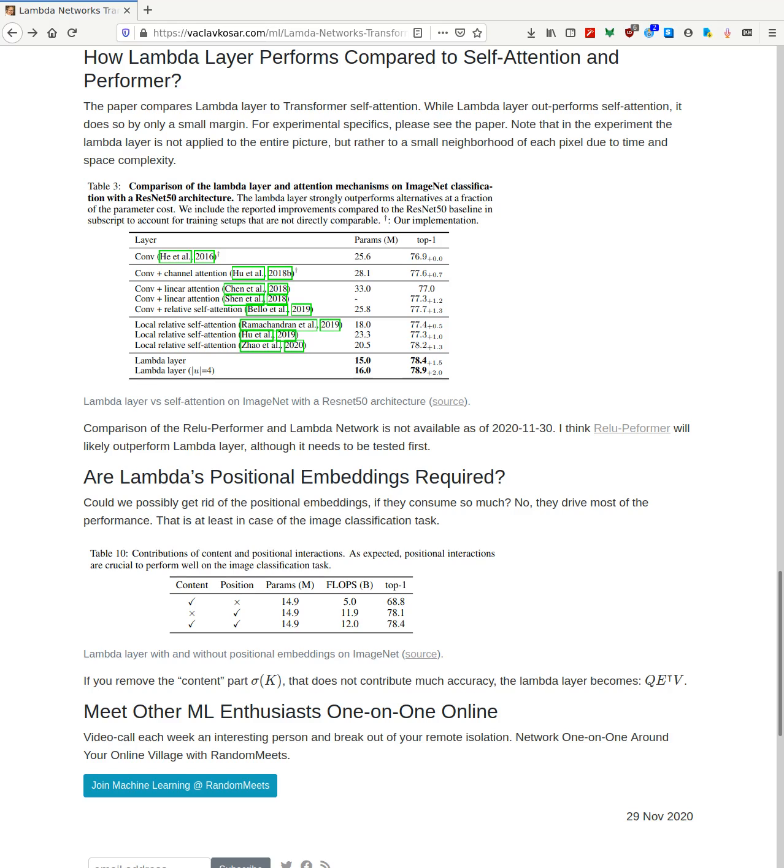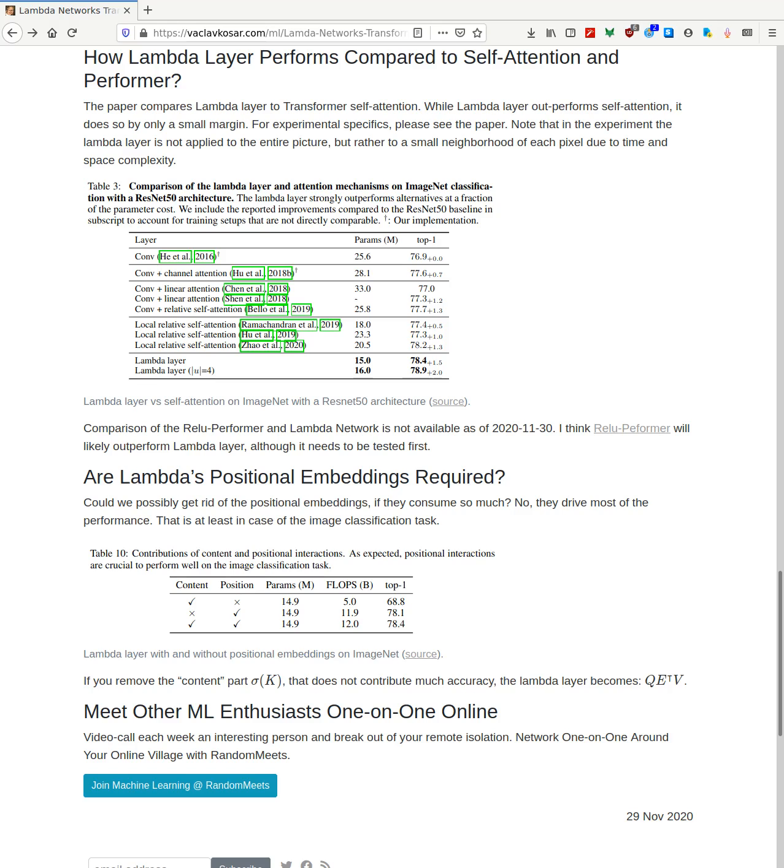How does Lambda layer perform compared to self-attention and performer? The paper here compares Lambda layer to transformer self-attention. While Lambda layer outperforms self-attention, it does so by only a small margin. For experimental specifics, see the paper, but here the Lambda layer is not applied to the entire picture, but only on a 23 times 23 patch.